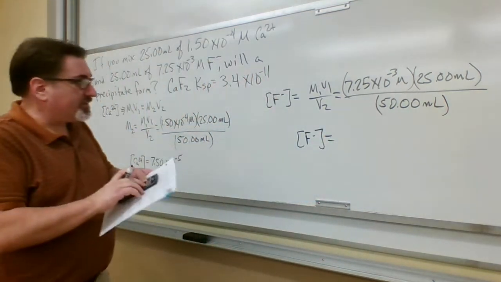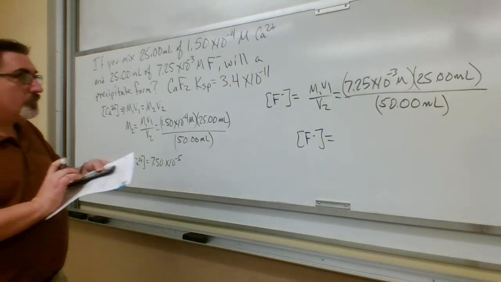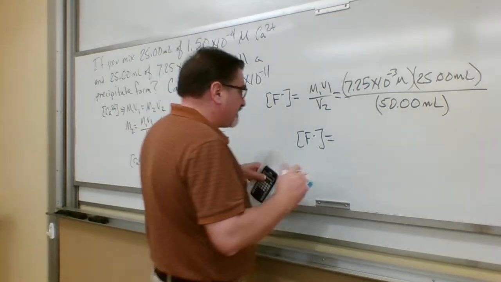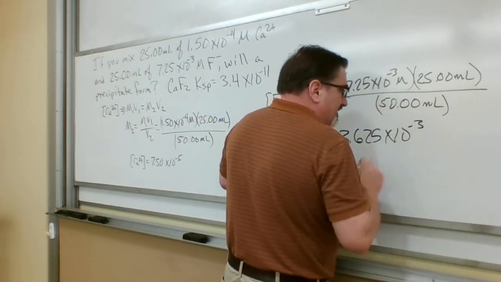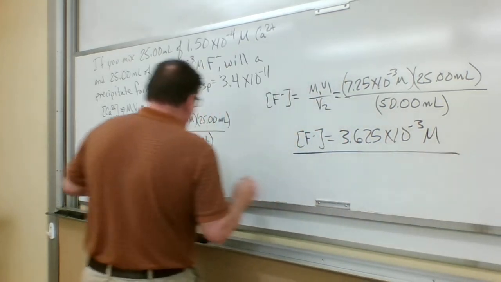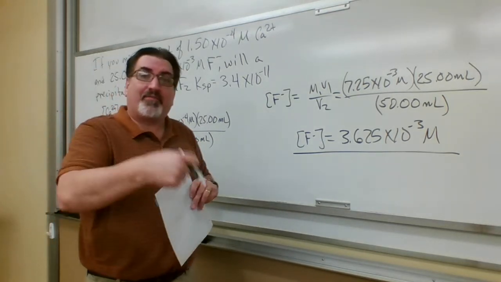Concentration of F minus is 3.625 times 10 to the minus third molar. So we know the fluoride ion concentration and the calcium ion concentration in this final solution after they're mixed.